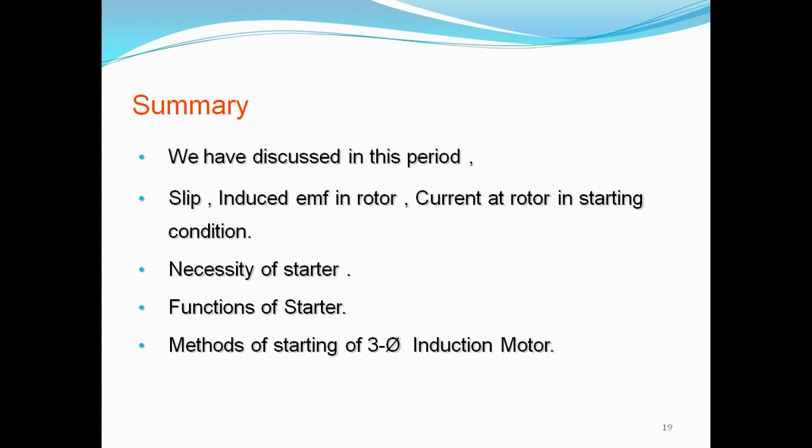When the switch is in the start position, a reduced voltage is applied across the motor terminals. When the motor picks up 80% of its normal speed, we have to put the switch in the run condition. Then the auto transformer is cut out of the circuit and full rated voltage gets applied across the terminals.